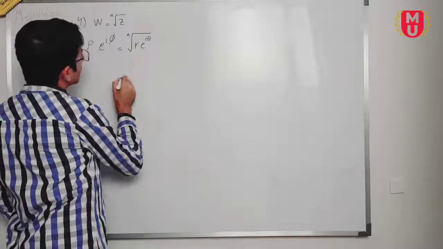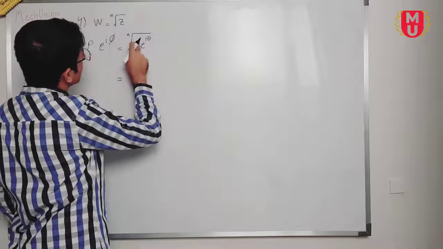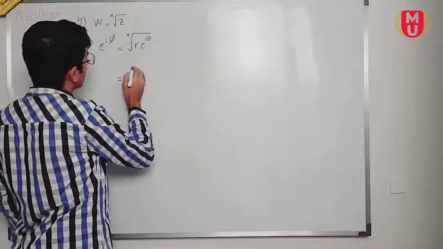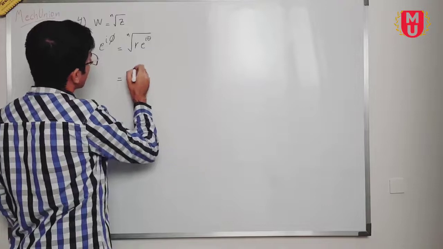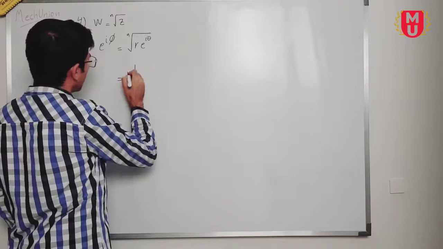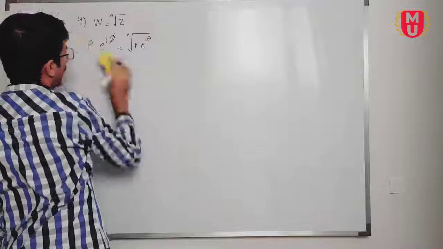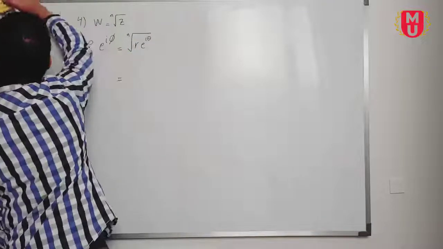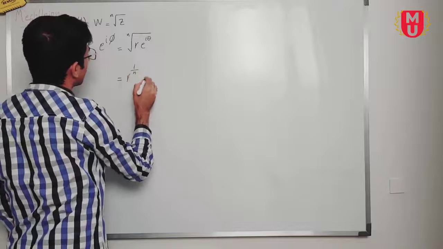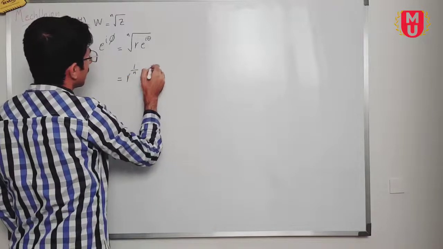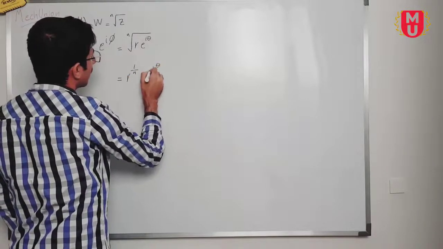We can write this down in the exponential form, r to the 1 over n e to the i theta over n.